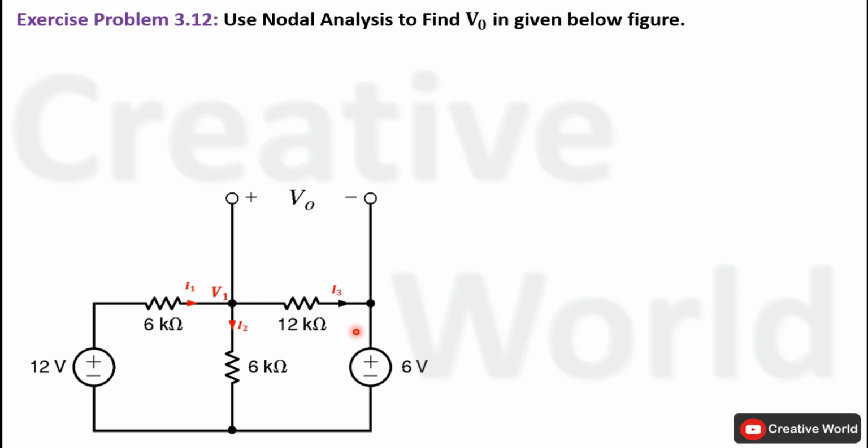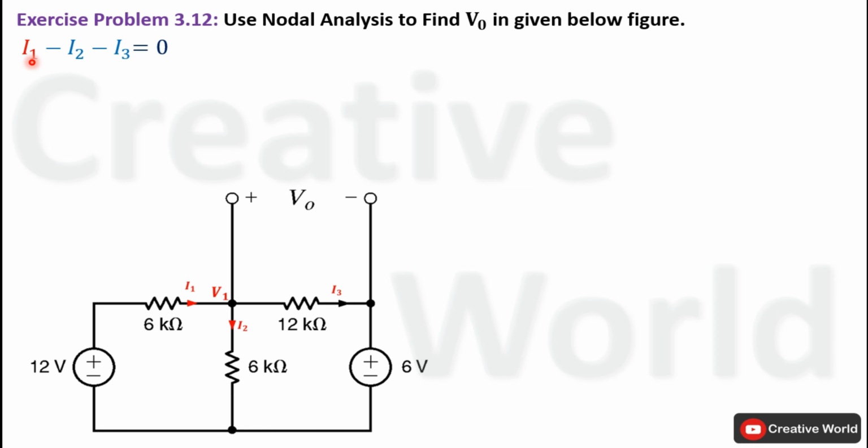So we have just labeled this current as I3. Now we will apply Kirchhoff's current law on this node to find out node voltage equation for this particular node. On this node, one current is entering while two currents are leaving. So entering current will be taken with positive sign while leaving currents will be taken with negative sign.